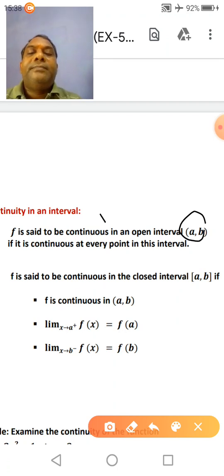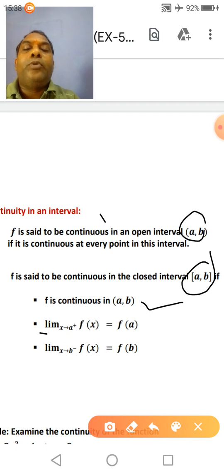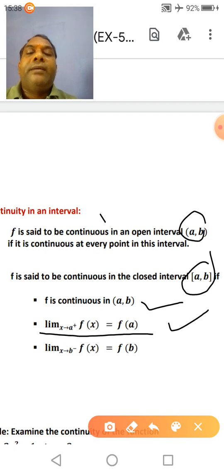Second, f is said to be continuous in the closed interval [a, b] if f(x) is continuous in the open interval (a, b), limit x tends to a positive f(x) is equal to f(a), and limit x tends to b negative f(x) is equal to f(b). Clear?